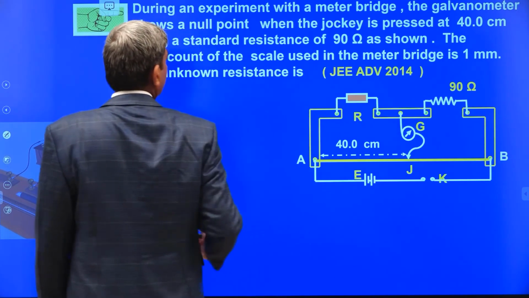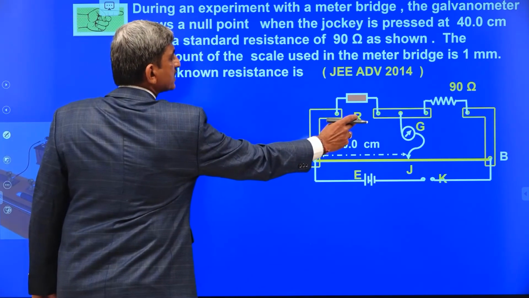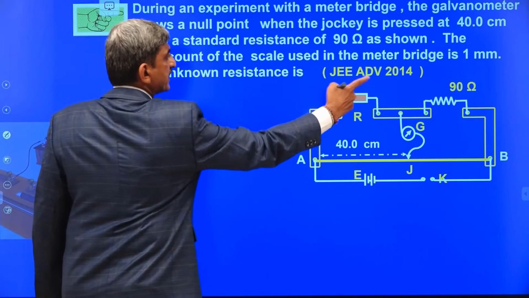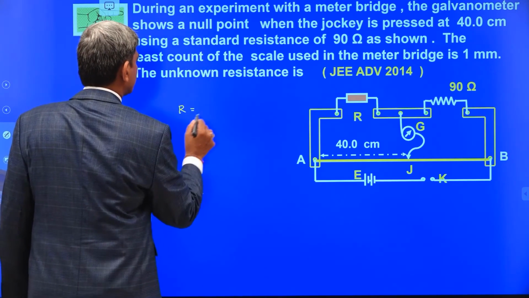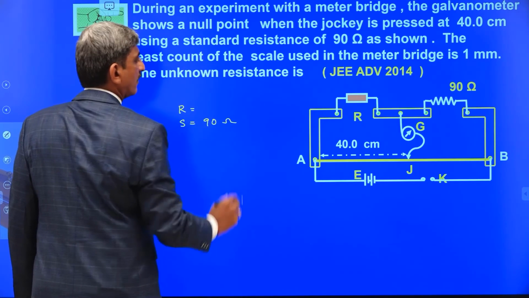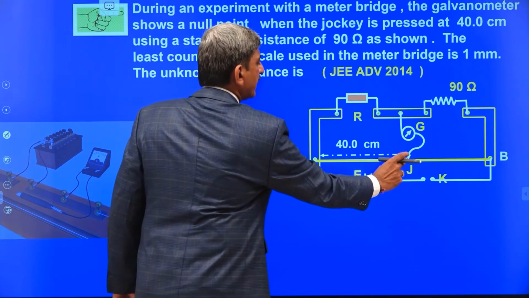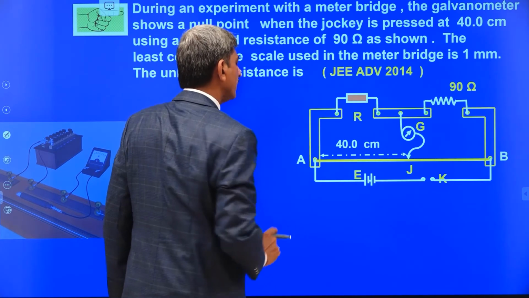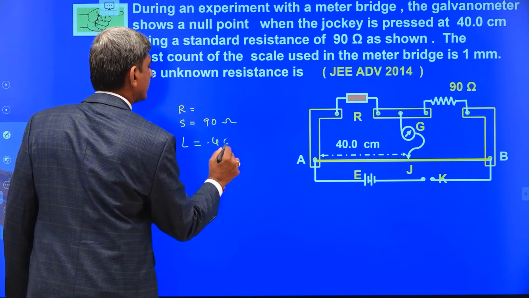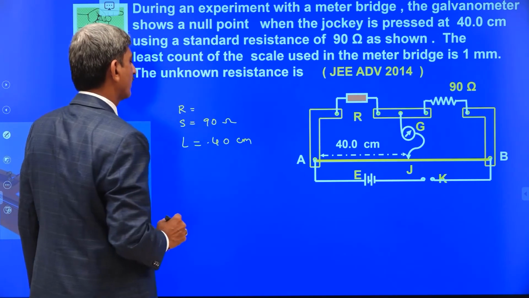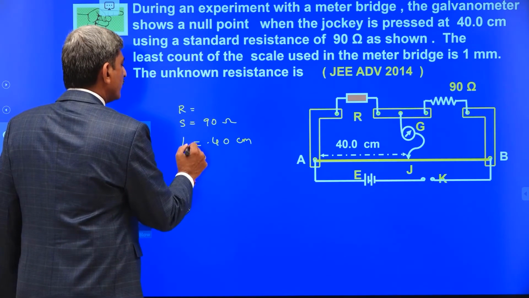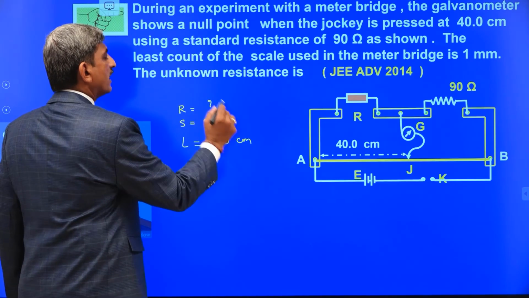Now see here, the unknown resistance in the left gap is R, whereas the standard resistance value in the right gap is 90 ohms. The balancing point is obtained at a distance of 40 centimeters from the left end, so the balancing length L is equal to 40 centimeters. Now we know the S value, we know the L value, we want to determine R value.